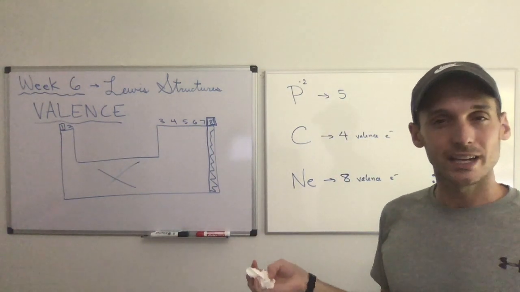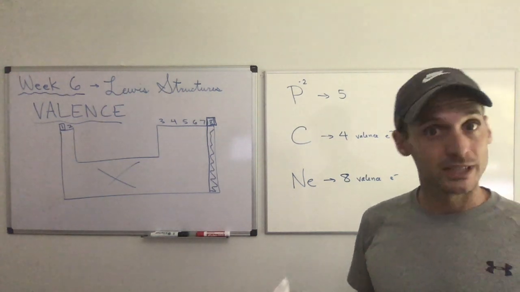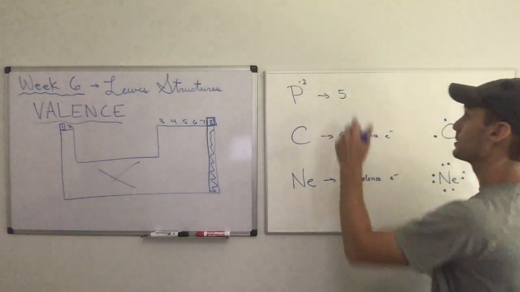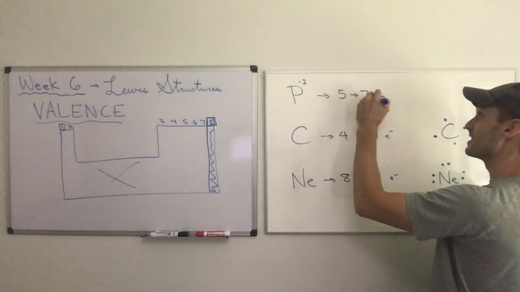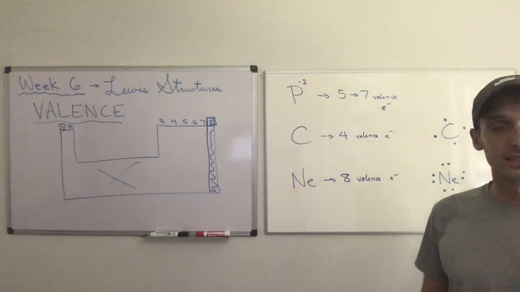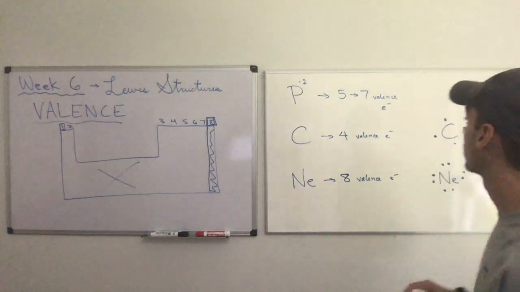So what's this -2 charge going to do to the number of electrons? It's going to increase the number of electrons from 5 up to 7 valence electrons, right? That's the only way we're going to get that -2 charge is by adding 2 electrons.